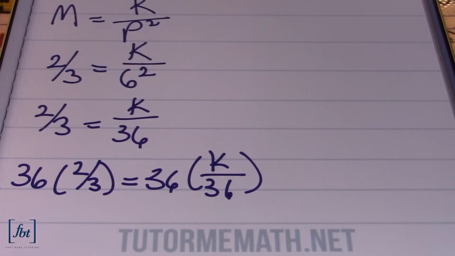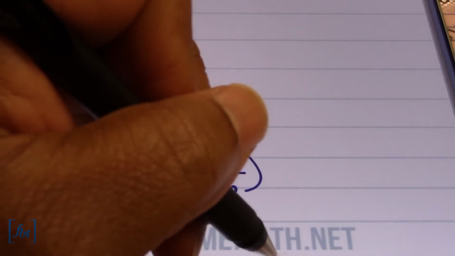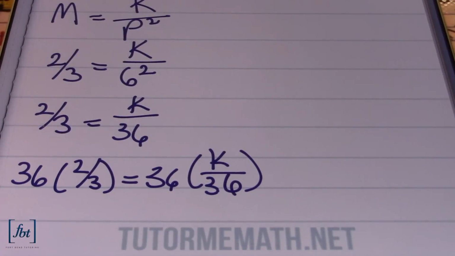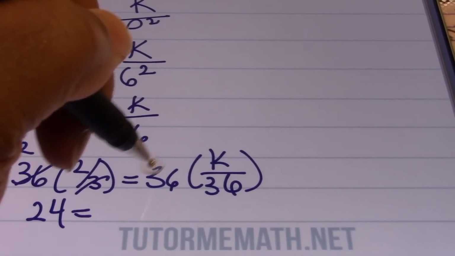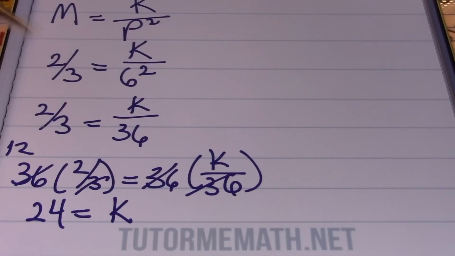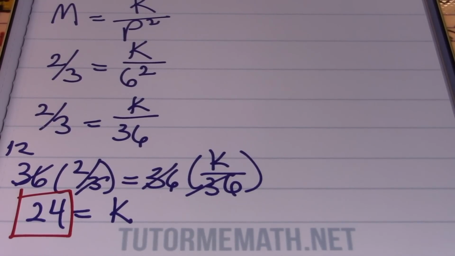Simplifying this, we know that 3 will go into 36 12 times. And then 12 times 2 gives me 24. And this is our constant of variation. That's right, K is 24. So that's part A. We know that our constant of variation is 24.